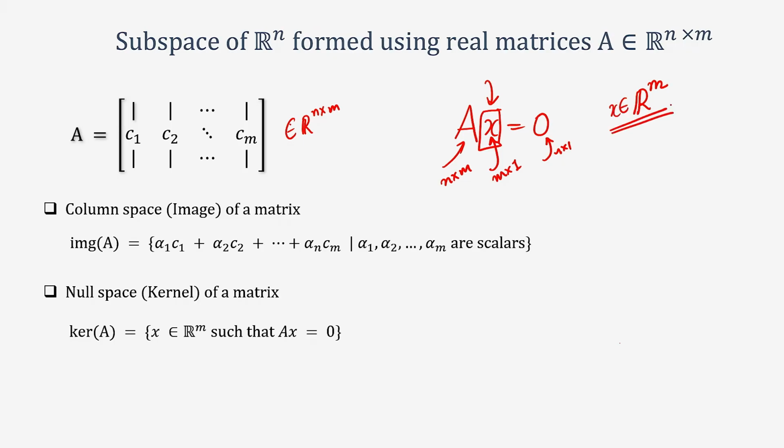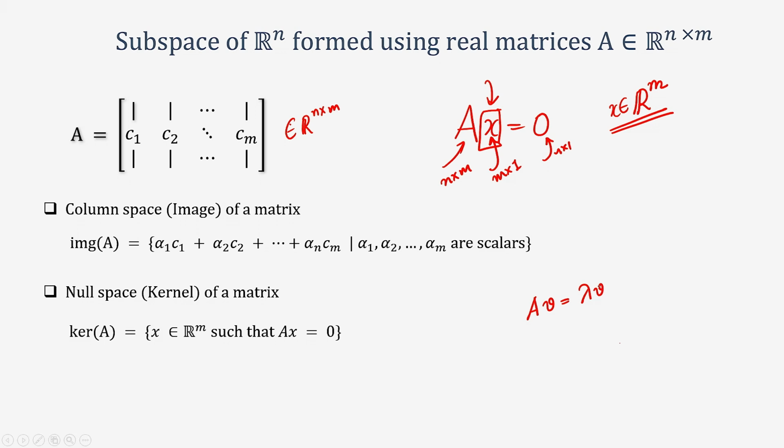So, the set of all those vectors in Rm which satisfy Ax equal to 0 is called the kernel of the matrix, or in some cases the null space of the matrix, and the symbol is kernel of A.